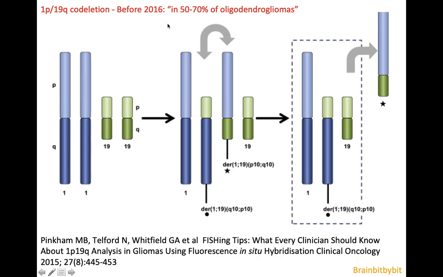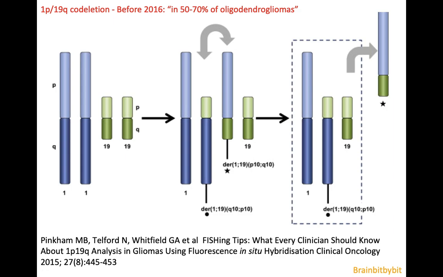Before 2016, it was said that the 1p19q codeletion occurred in over half of the oligodendrogliomas, so then it was a prognostic factor. The reason that the 1p and 19q often occur together is that before this deletion, there's a translocation with the 1p19q chromosome that gets lost in the further steps.